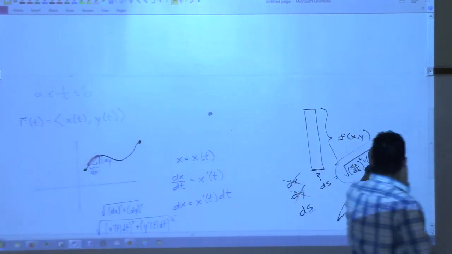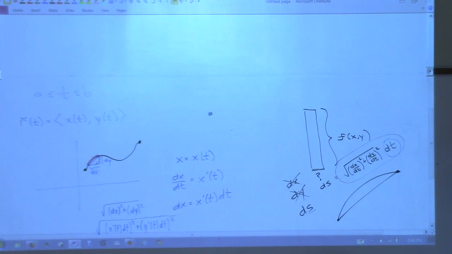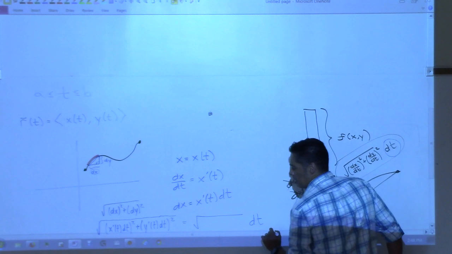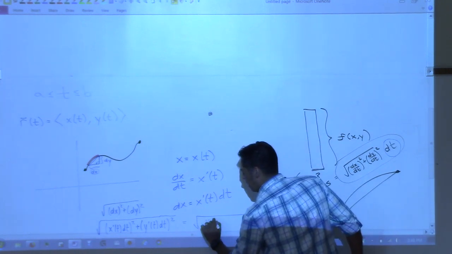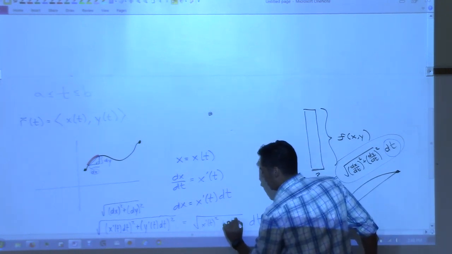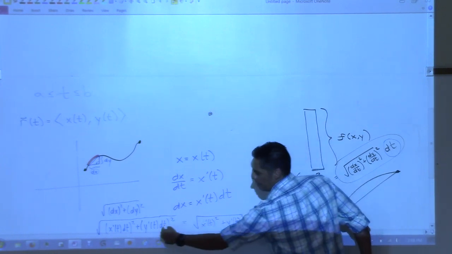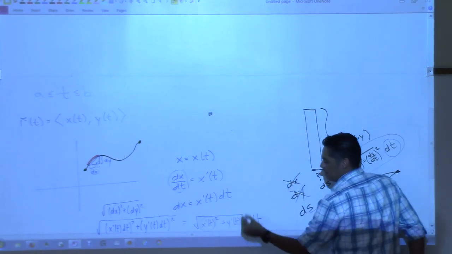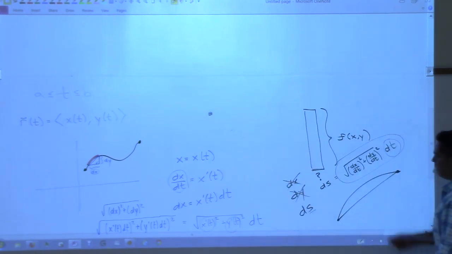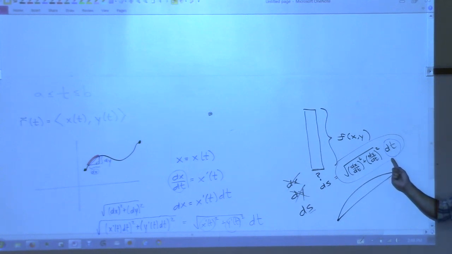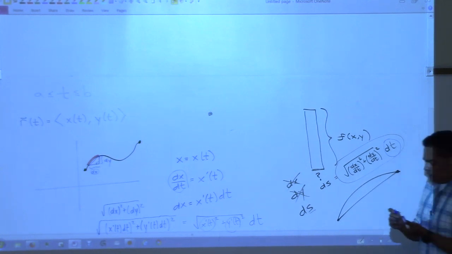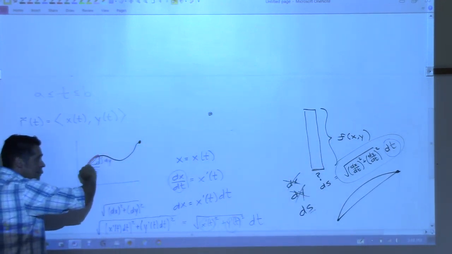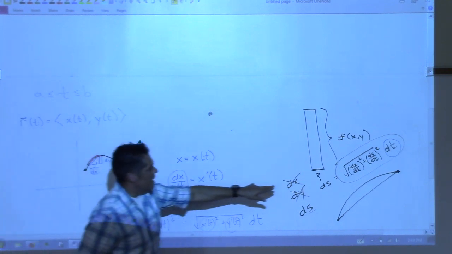So that's where this dt comes from. After I pull out the dt, I'm still left with x prime of t squared plus y prime of t squared, right? That's what would happen if I pulled the dt's out. But what is x prime? dx/dt, and y prime is dy/dt, and that's the formula, all right? So the infinitesimal little hypotenuse that will approximate that length is going to be this piece right here, ds.